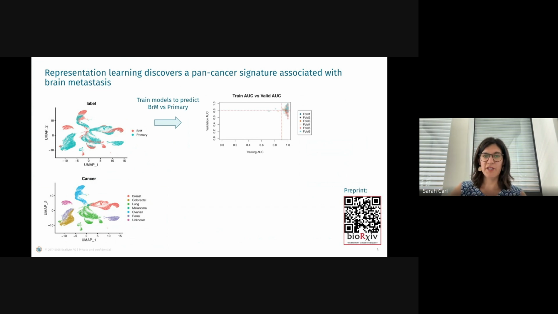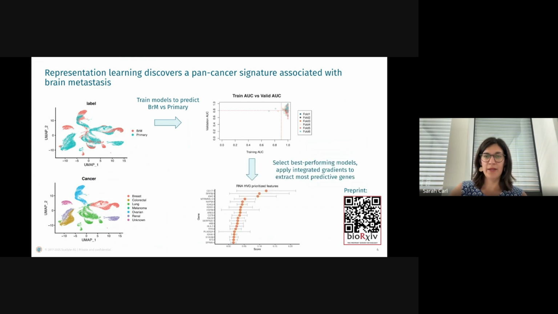Then we selected the best performing models, which are in the upper right quadrant here, and applied integrated gradients to get the most highly predictive features from those models, in this case, genes. We rank them here by average attribution score, and note that these are averaged across both samples and models, so we get a pretty robust overall picture of which genes are the most important.